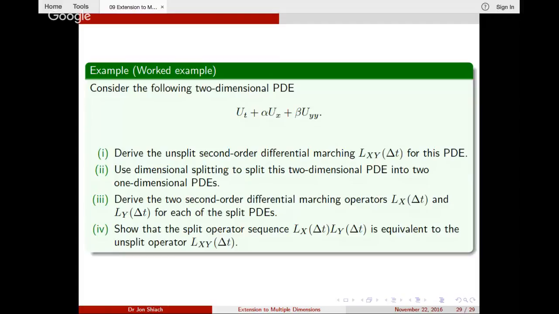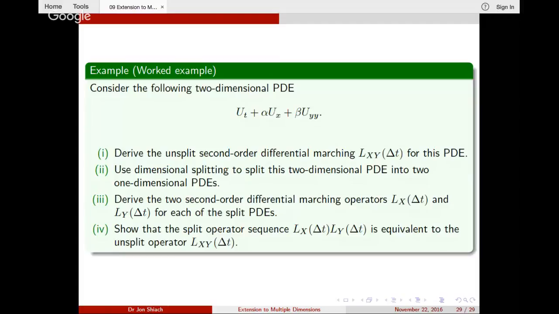Right, the next step is to use dimensional splitting to split the 2-dimensional PDE into 2 1-dimensional PDEs. This is easier than you think. We had UT plus, and I've forgotten it already, alpha UX plus beta UYY equals 0.